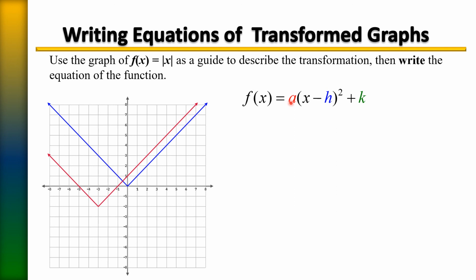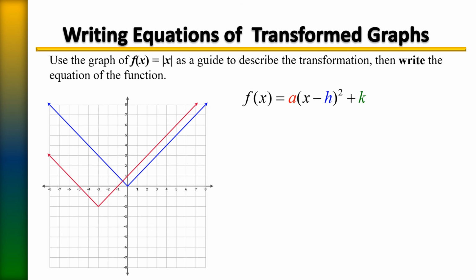Was the graph stretched or shrunk in any way? Looking at the parent function, it's at 0, 0. Another point is at 1, 1, and negative 1, 1, just as the quadratic function was.